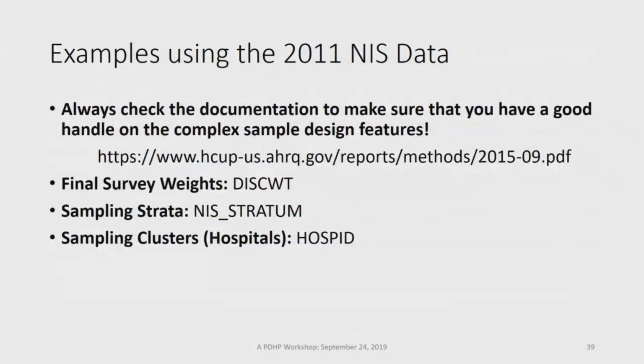Okay, one thing we quickly learned is that the NIS documentation changes a lot across different years. And so an important first lesson is it's really tempting, once you download a survey data set and get the variables you want, to just jump into that data set and start doing analysis. It's always very important as a first step to read the documentation so you have a good handle on what those complex sample design features were.